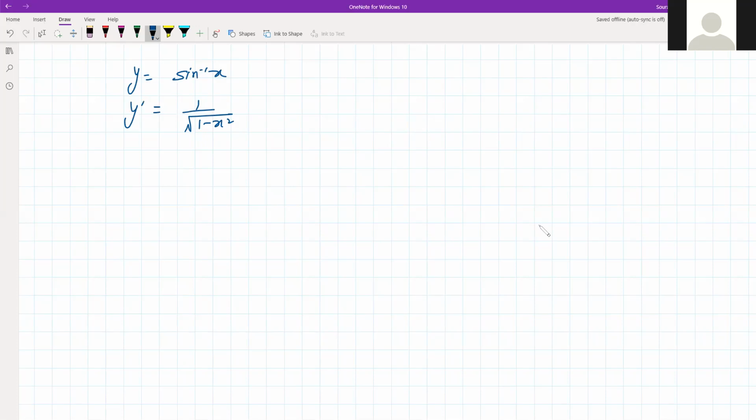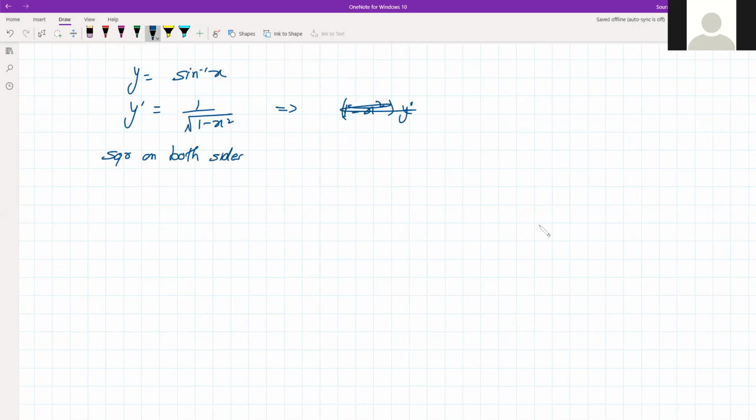So from here, what we can say is 1 minus x square into this y dash. So what we have done is we have taken square on both sides.